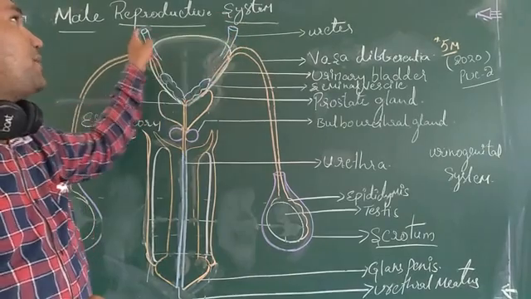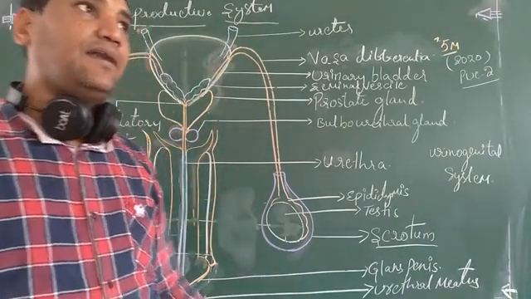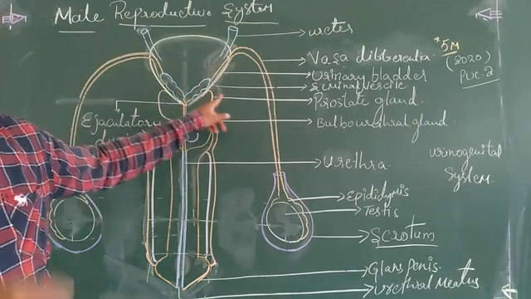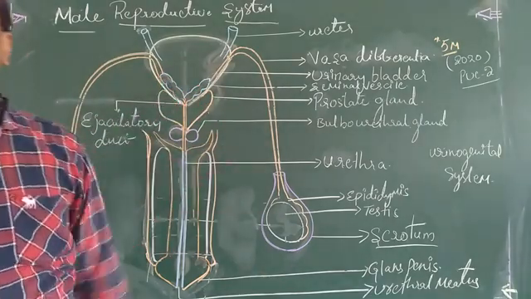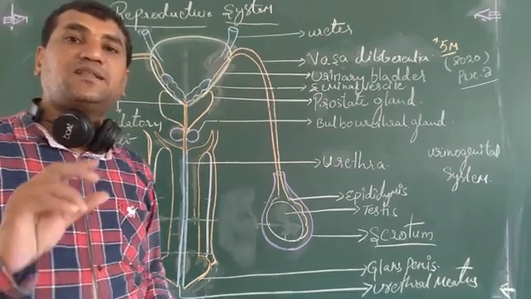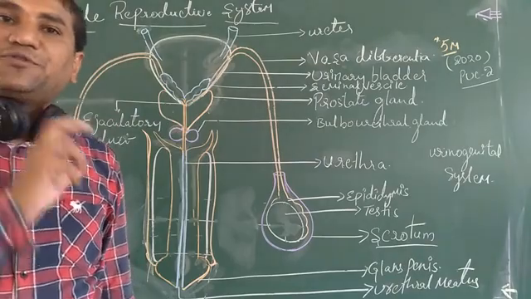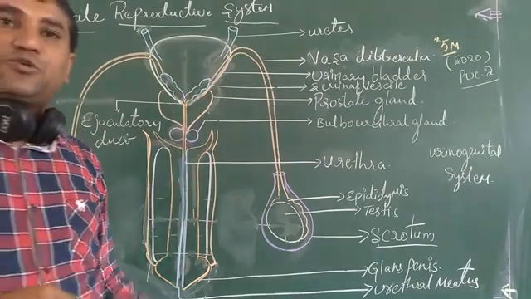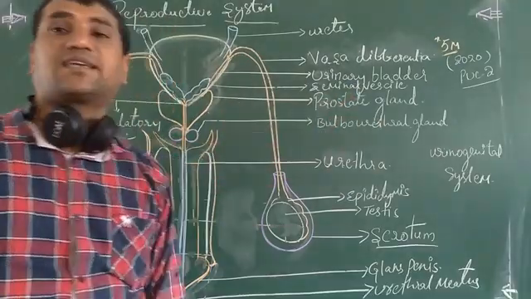You can see that a pair of ureters are coming to the urinary bladder, and just below on one side of this urinary bladder, you can see leaf-shaped ducts are present. These are called seminal vesicles.